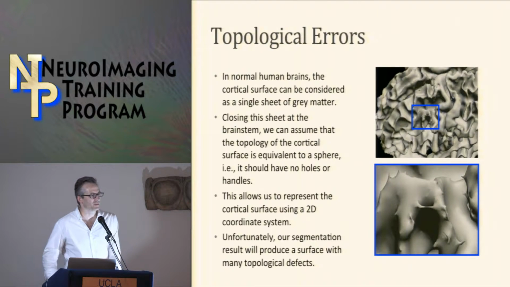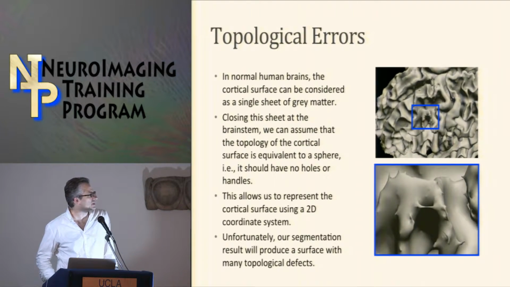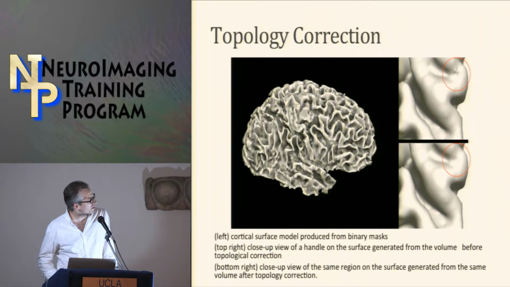We can get small handles or holes going through the surface, and we want to model the surface as essentially the equivalent of a sphere, or you can think of it as a two-dimensional sheet wrapped around the cerebrum. We have an algorithm based on graph theory that identifies all these topological handles and holes and performs a minimal set of corrections to remove them. You can see some examples here where there was a small defect that we corrected.